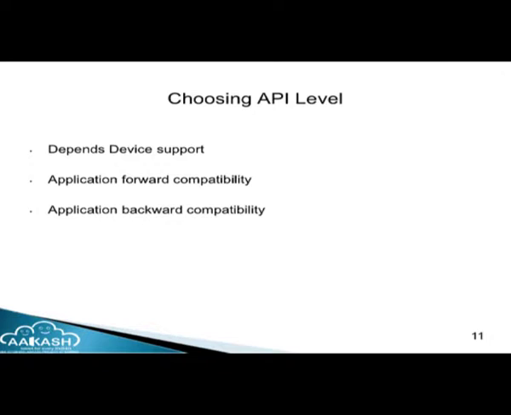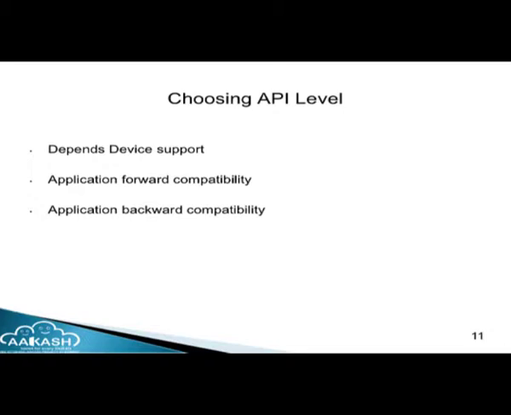So let's move ahead. Choosing the API level is important because it depends on device support. Basically you need to know which version your device is on, and the corresponding API level, so the application in the corresponding API level will only work on the device. And there is something called application forward compatibility and backward compatibility. This is pretty logical.